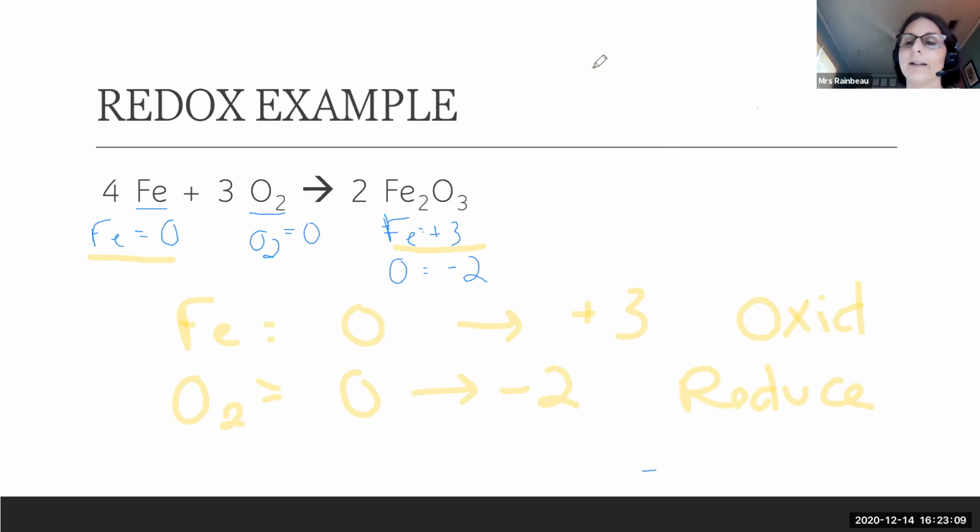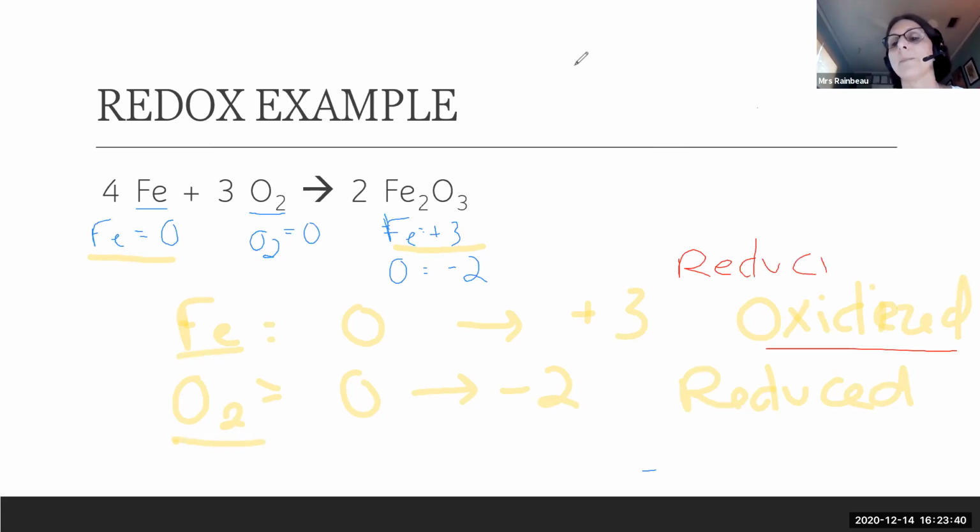Now here's where it gets annoying, but it's easy. It's actually not hard. It's just kind of annoying. So iron is oxidized and oxygen is reduced. Now, if we want to determine the reducing agent and the oxidizing agent, what we would say is that iron is oxidized and it is the reducing agent.